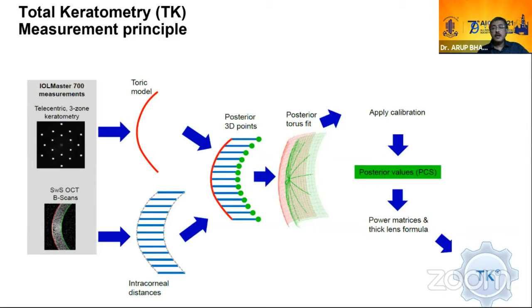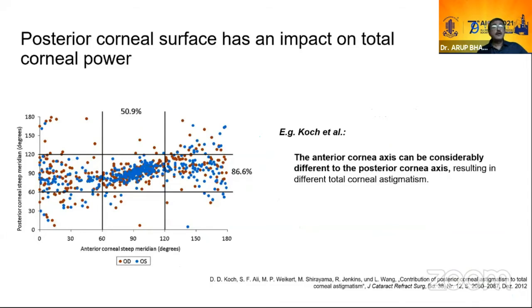This is a wonderful thing, and it is only available in IOLMaster 700. Douglas Koch already presented his study in 2012. After that, we have learned how important posterior corneal astigmatism is in toric IOL implantation.